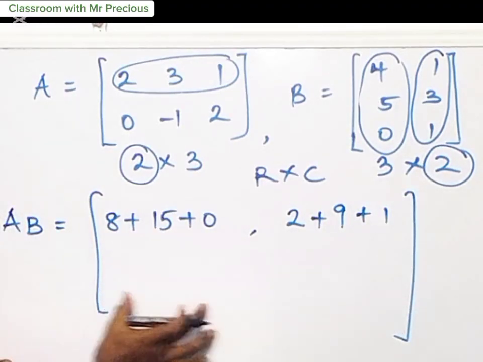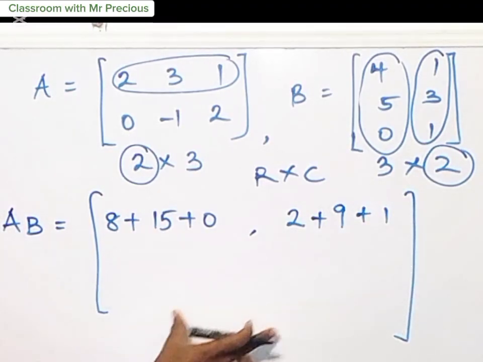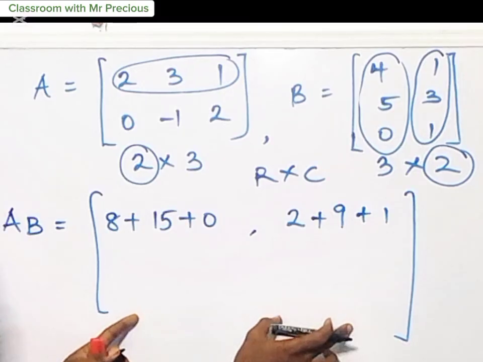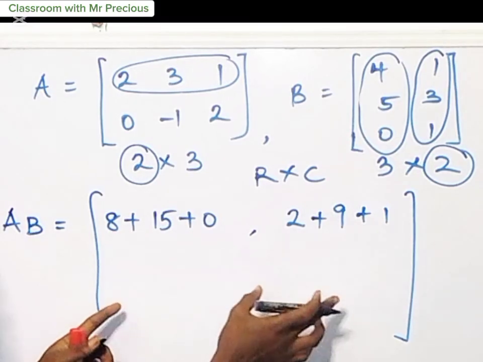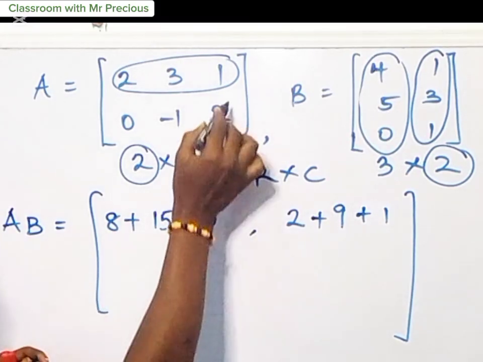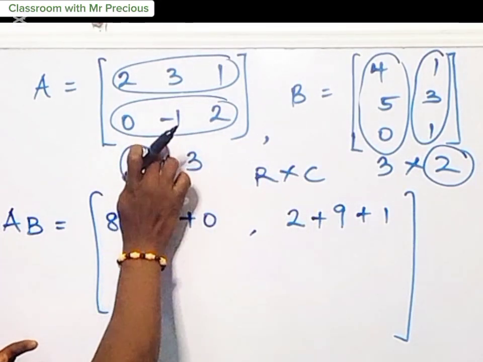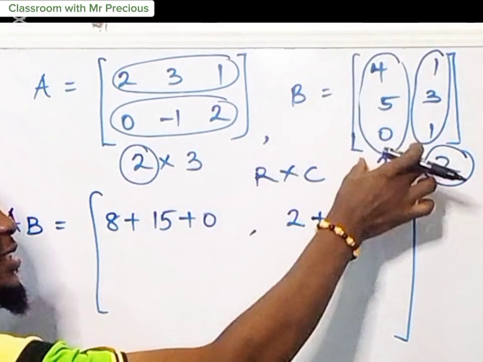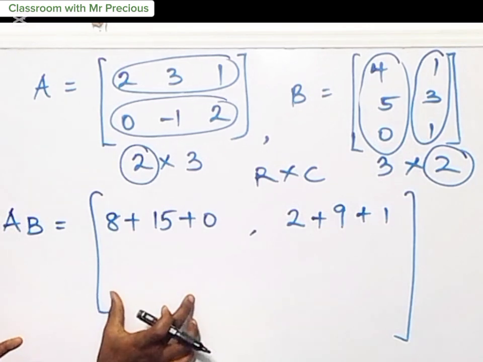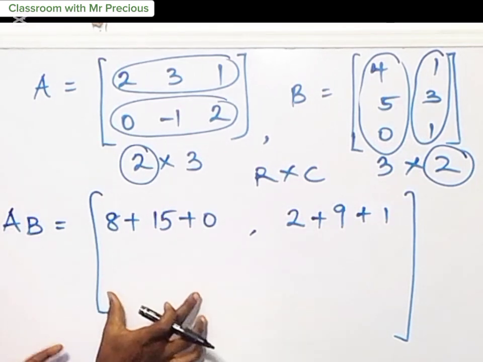Okay. So now we want to get the answers for the down entries of our new matrix. So you are going to go down and repeat the same process. This down row times this first column will give us the down first element.